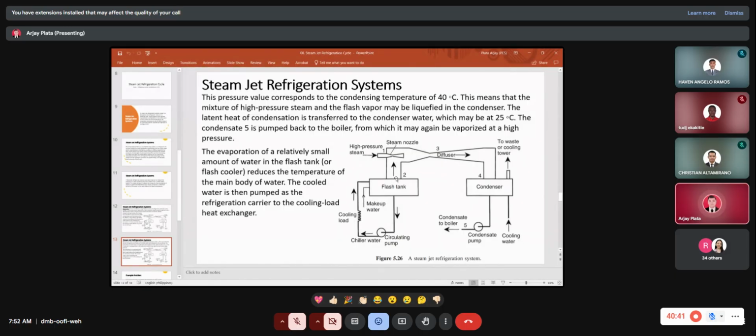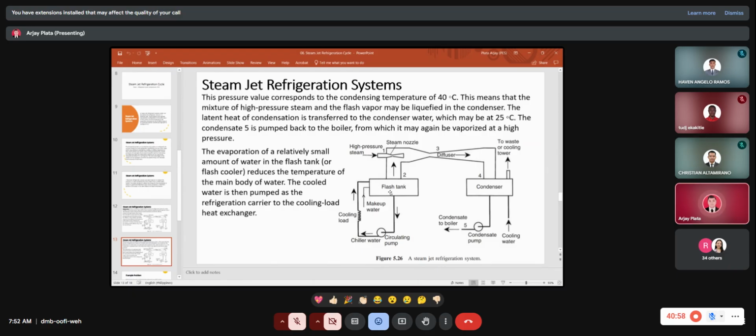So if the small amount of water vapor evaporates in this flash tank, it reduces the temperature of the main body of water.